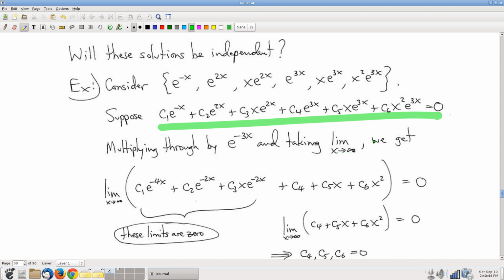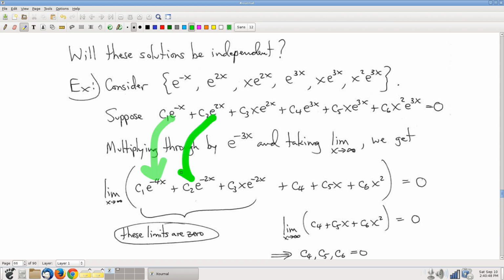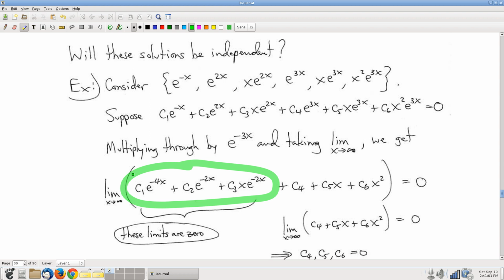Okay, so multiplying through by e to the -3x, the coefficients all change significantly. In particular, these become decaying exponentials, and these, well, you probably saw this coming.